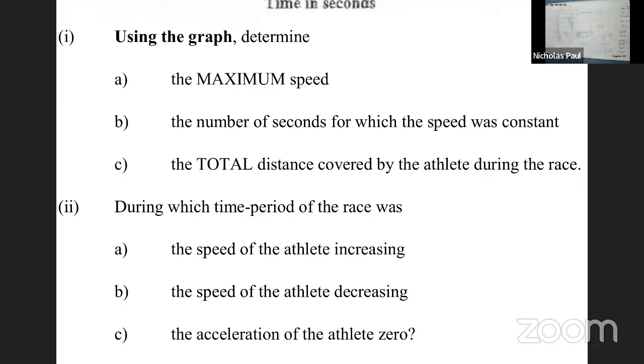Anybody lost? You're just using the information. You need the values, right? Go ahead.